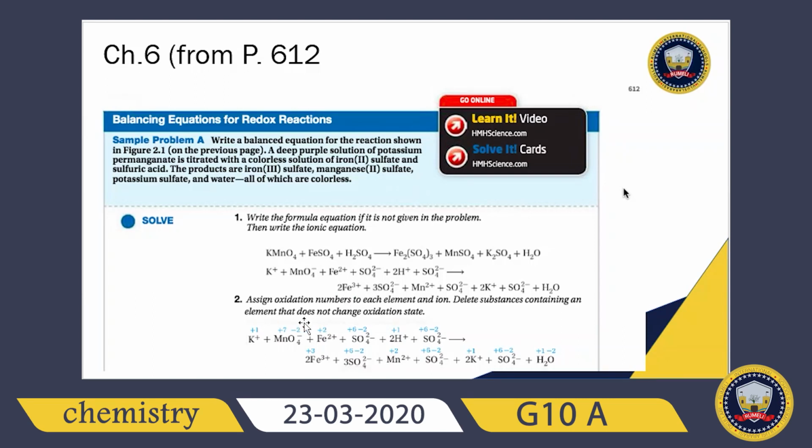So step 2. What do we do after we write the ionic equation? It's obvious, as we learned before. We assign oxidation numbers. Then we delete substances containing an element that does not change oxidation state. So we assign oxidation numbers, and if any substance has an element that does not change its oxidation number, we delete it.